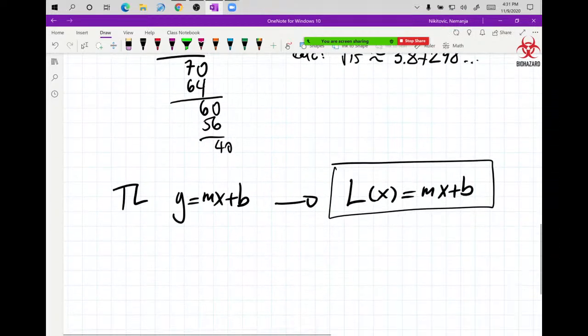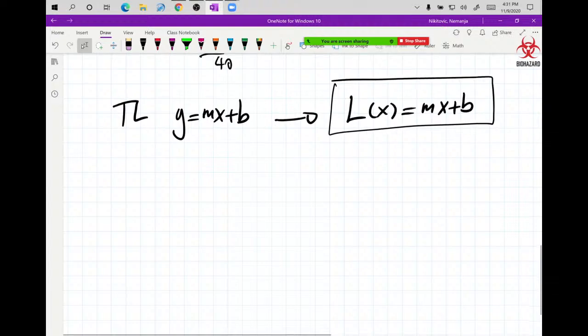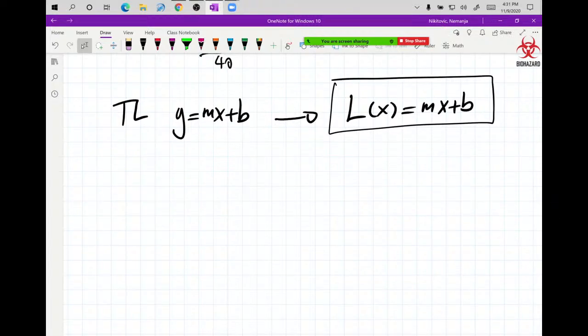So I'm going to do the same thing with the next problem as well. And the next problem is to compute ln of 15. Why not?